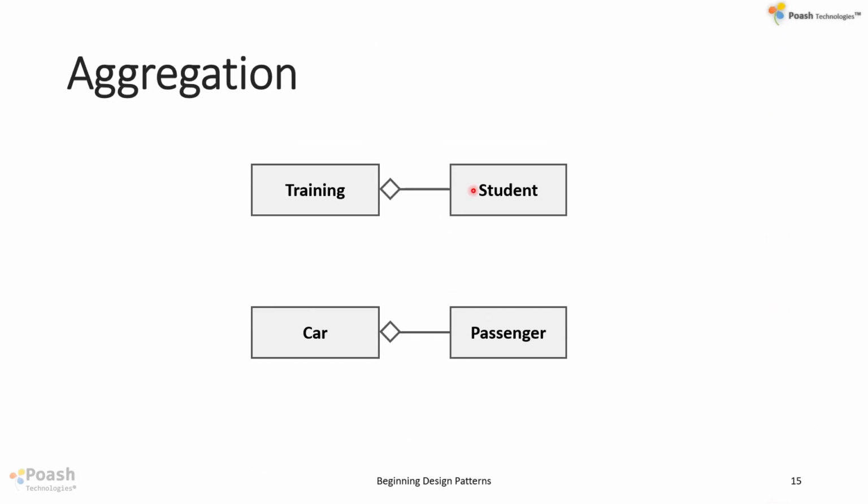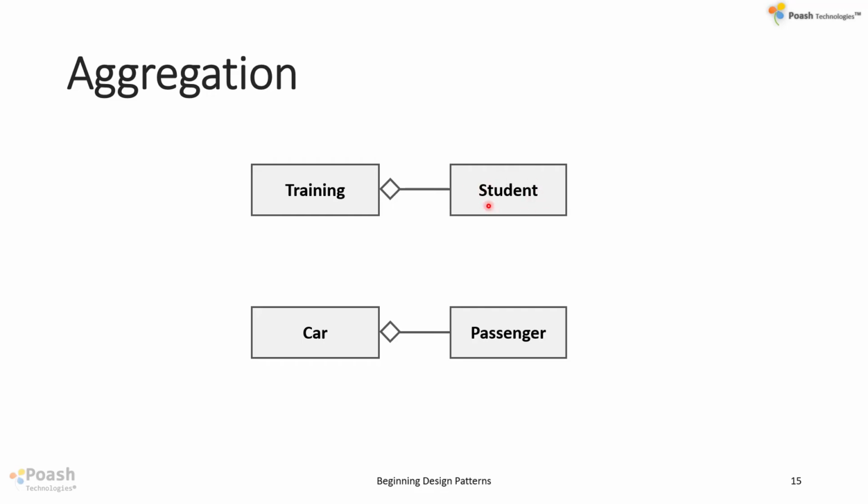But in some cases, when the container is destroyed, its contents may not be destroyed. This relationship is called aggregation and is depicted through this hollow diamond. The diamond is towards the container. So in this example, Training aggregates Students. When the training instance is destroyed, the student instance will not be destroyed. Why?